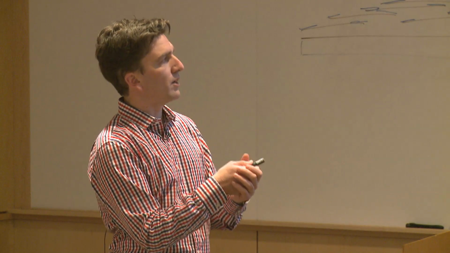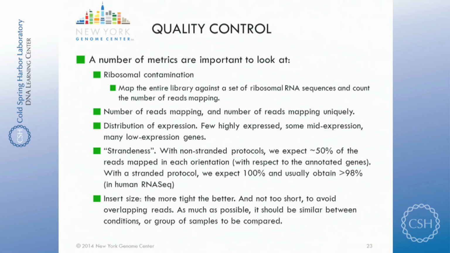So here, strandedness. Your experiments were with a stranded protocol, and so you expect most of the reads that map to a gene to map in the same orientation as the annotated gene. And so what you expect is 100%, and you usually obtain above 98% of the reads that map in the same orientation.